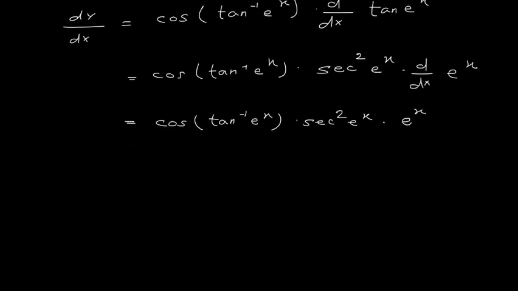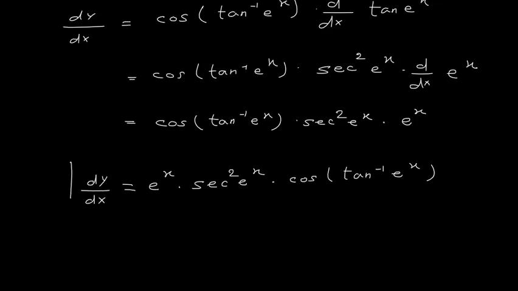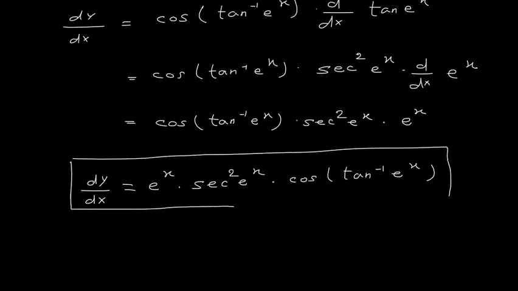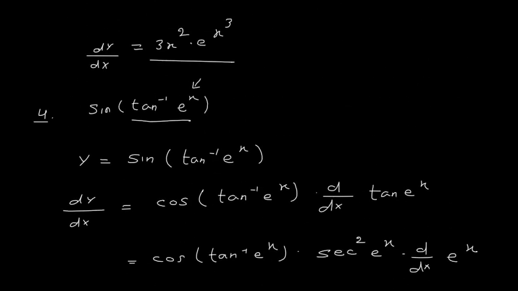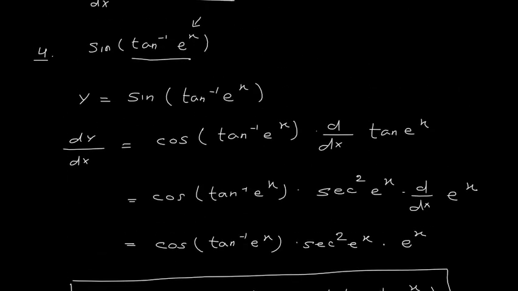So your final result will be e power x into sec square e power x into cos of tan inverse e power x. This is dy upon dx. Okay. This is fourth question.